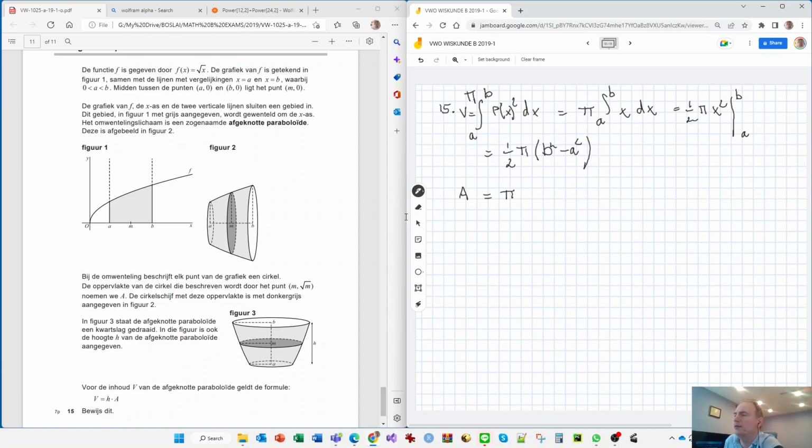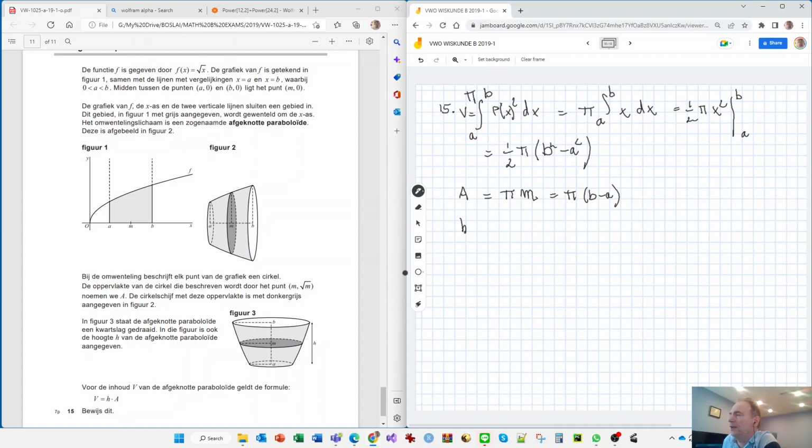I think that's what they meant here as well. So it's pi m. Excuse me. But okay, now you wonder what is m. I just want to express it in b and a. Well, that's actually straightforward. M is the height, so it is b minus a. Okay.